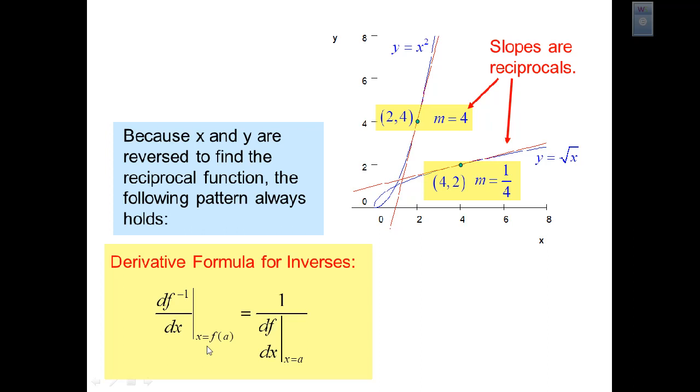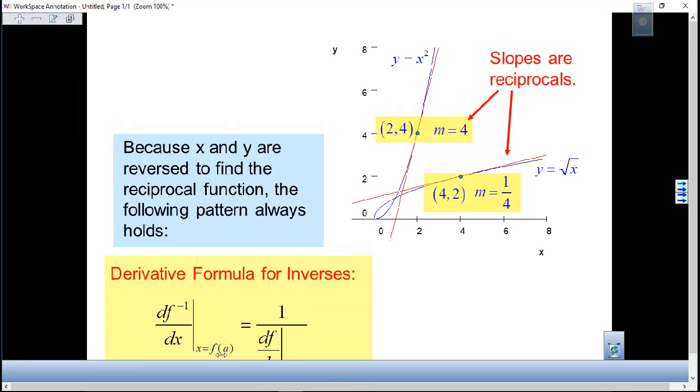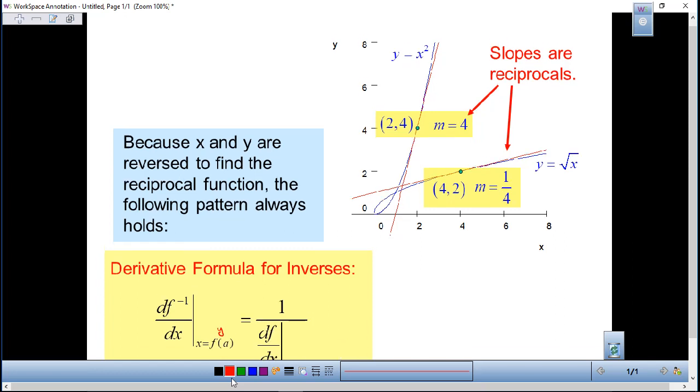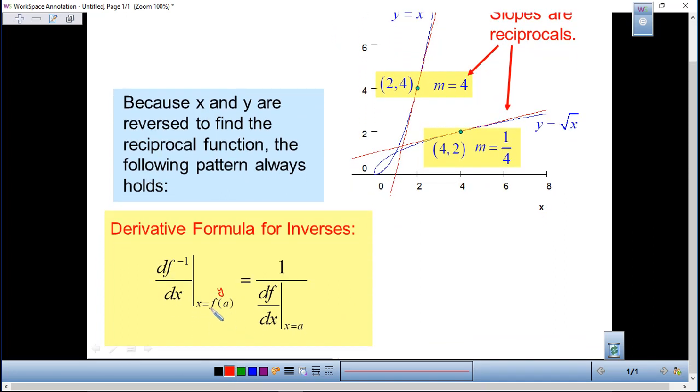Now remember what your notation is here. f of a is just another way of saying y. So this is where x equals the actual y value from the original part. And this is where x is equal to a, which was the original x at your point. So make sure you get these straight.